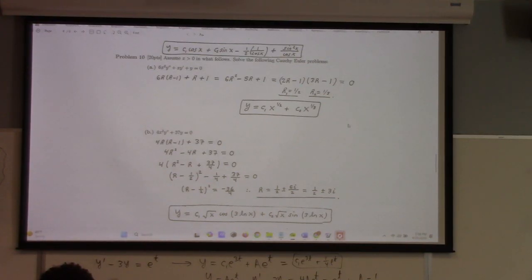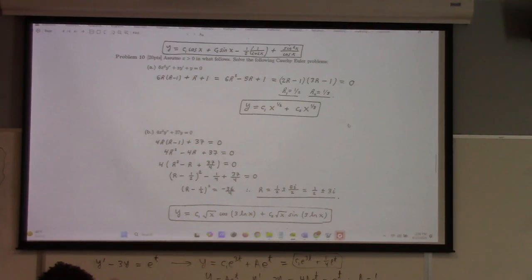You guys got formula sheets, so you don't have to remember these kinds of things, but if you were so inclined to learn these sorts of things, here's how I think about it. I have x to the i beta, and what I do is I trade that for e to the natural log of x to the i beta, which is technically speaking nonsense, but don't tell the other math professors, it'll be fine.